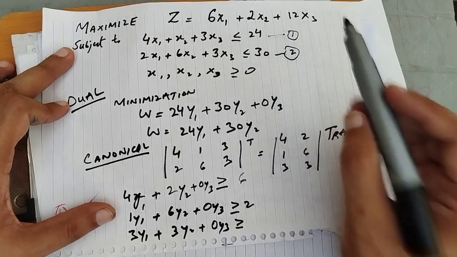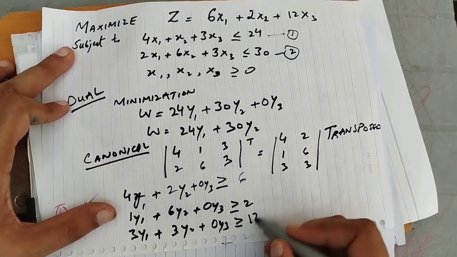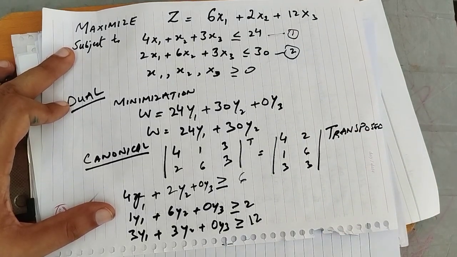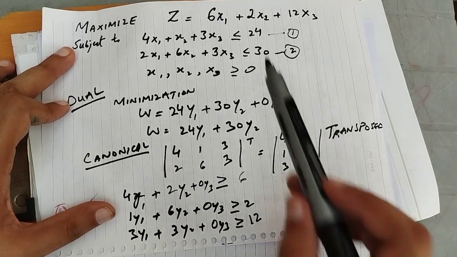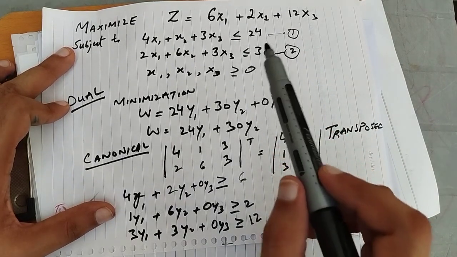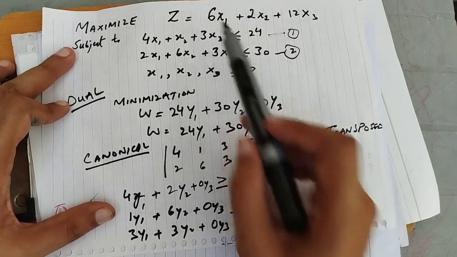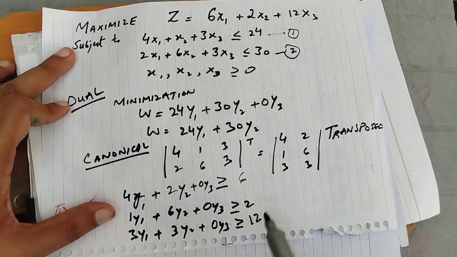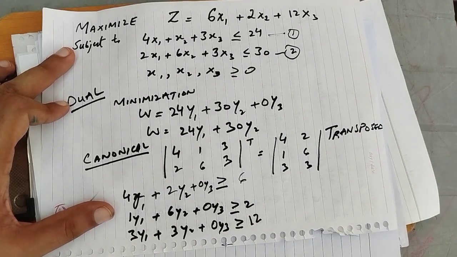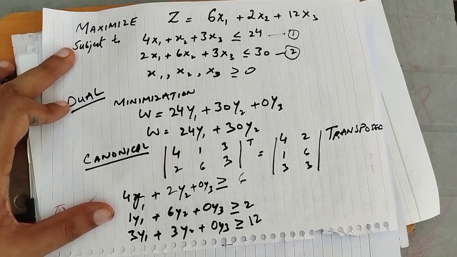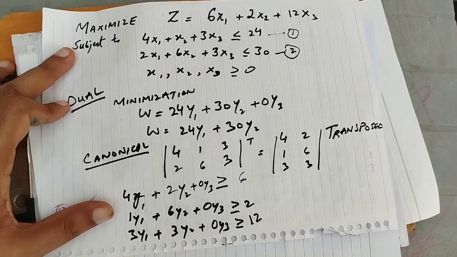So just let me reiterate. Instead of the right hand side of the constraint, we took the coefficients of the objective function, that was 6, 2 and 12. Signs are changed, variables are changed, coefficients are changed.